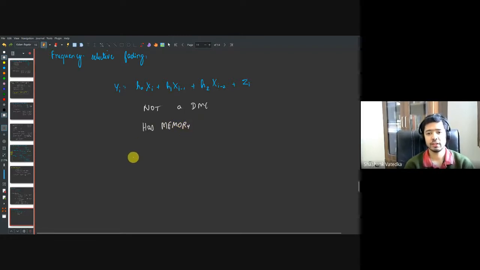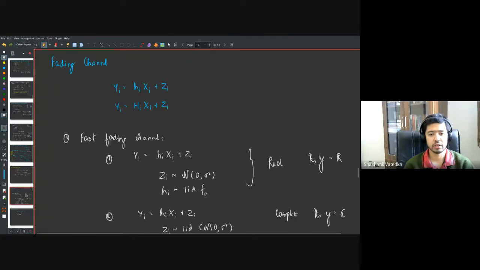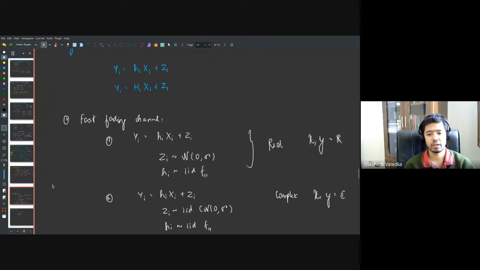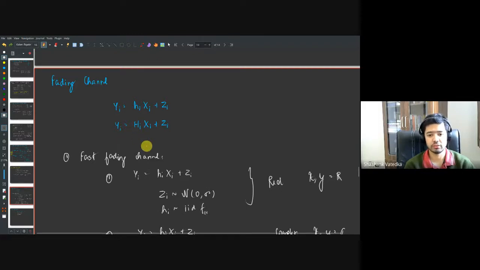All right. So really we will not be looking at channels of this form in this particular course, but as it turns out, you can play tricks. You can also derive the capacities of such channels under some conditions, as long as you know how to handle these. If each of the H_i are IID, then this is a discrete memoryless channel.